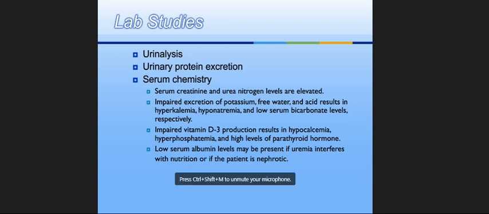We have low serum levels of albumin, which may present if uremia interferes with nutrition or if the patient is nephrotic. Remember, nephrotic syndrome, one of the manifestations is massive proteinuria and hypoalbuminemia.